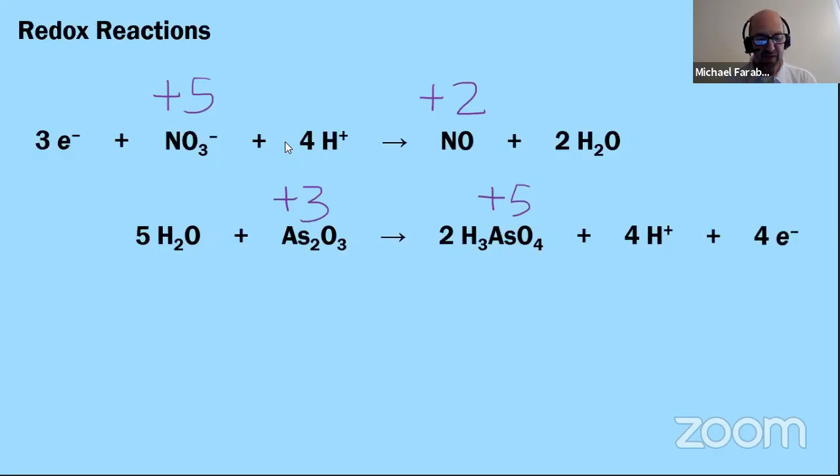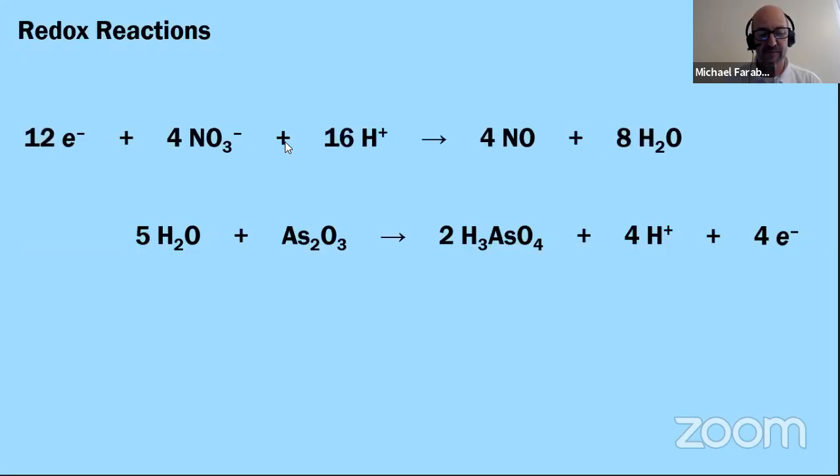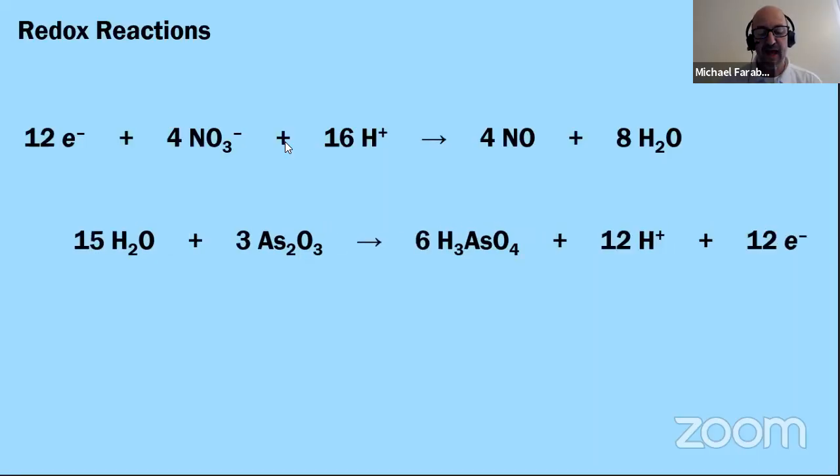Now, if you're looking at this equation, we have to multiply to get the electrons to cancel out. The top reaction is multiplied by 4, and the bottom reaction is multiplied by 3. Then when I add these equations together, the electrons should cancel out.